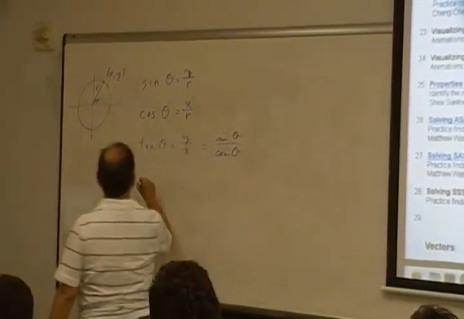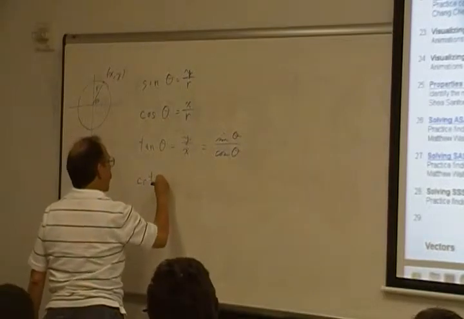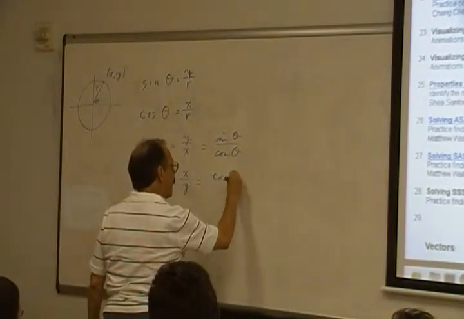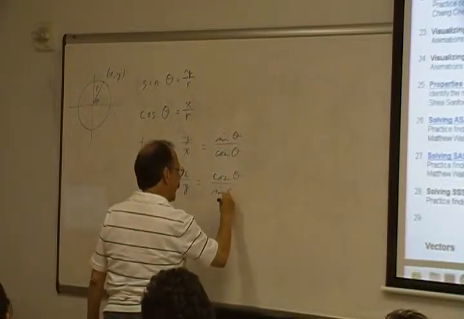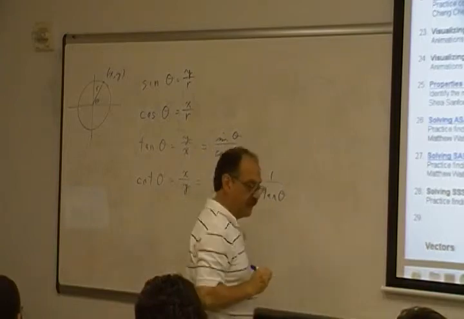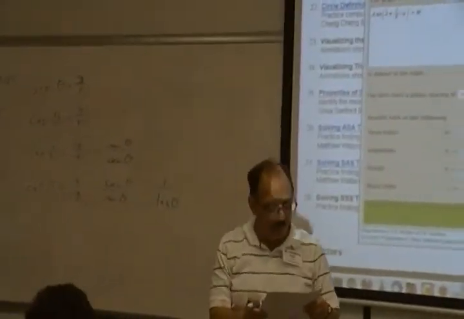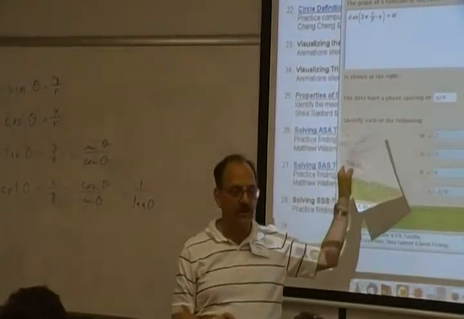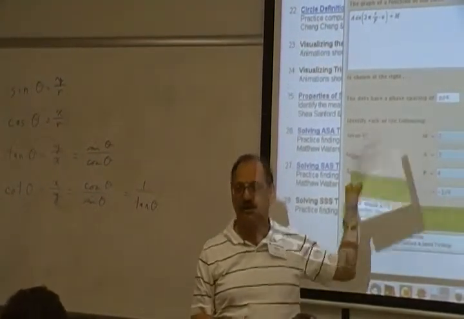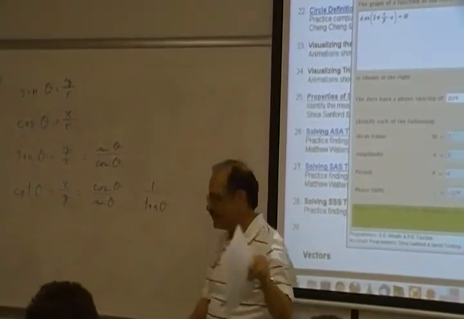Then we have cotangent of theta is x over y, which is cosine theta over sine theta. It is also 1 over the tangent of theta. So that's the second one of those ratio identities on here.